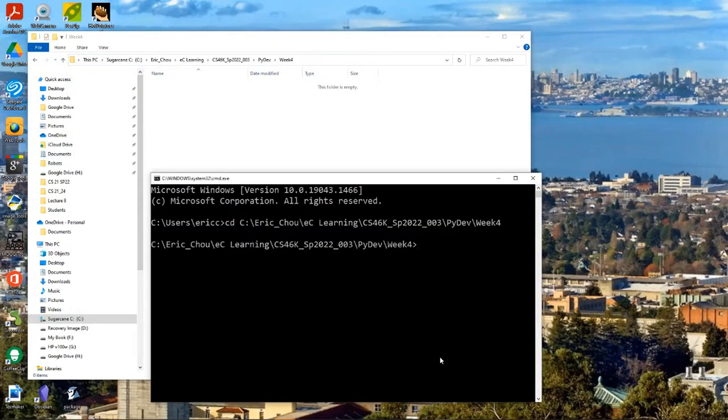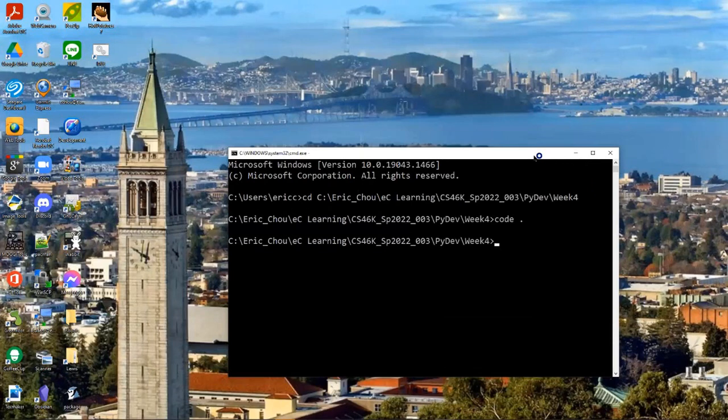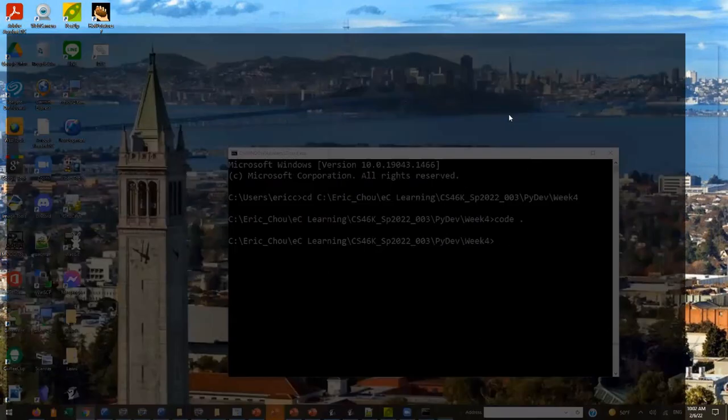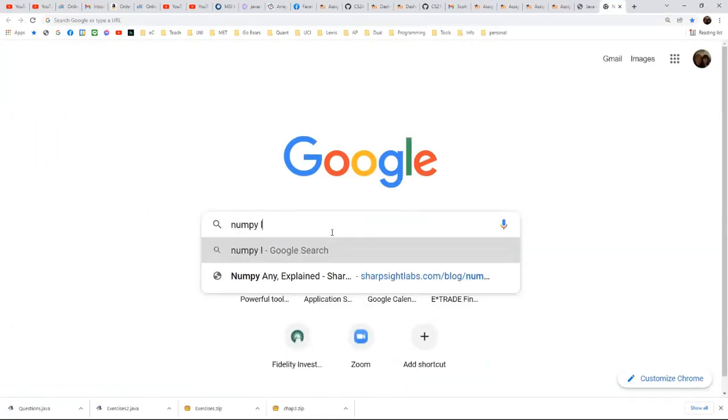Then type code to put it in my Visual Studio Code. One moment, let me get some function.